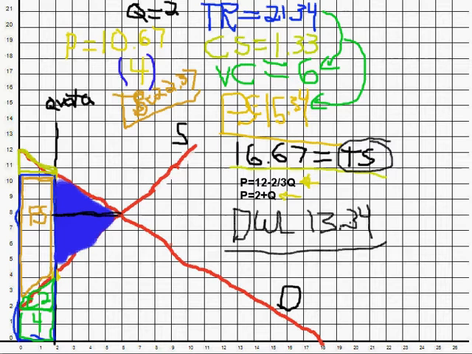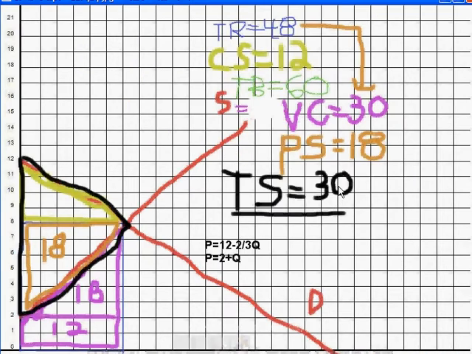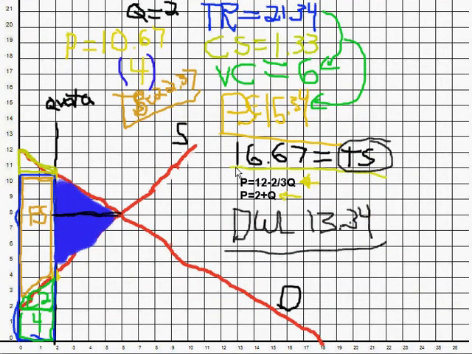What did we used to have? Well, we used to have 30 in surplus when we had all of that as either consumer or producer surplus. So when you take the fact that we used to have 30, how much are we not getting anymore? Well, 30 minus the total surplus now, 16.67, gives us, let me write that down, so the total surplus was 30.